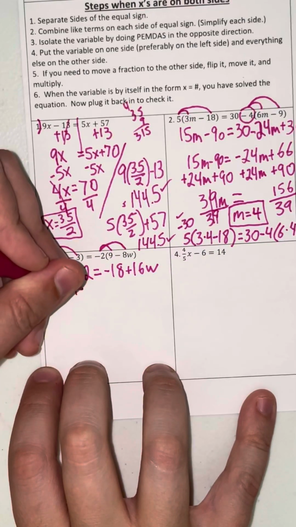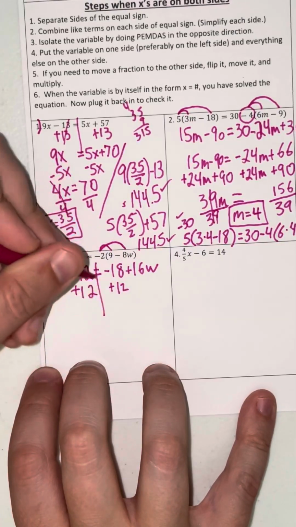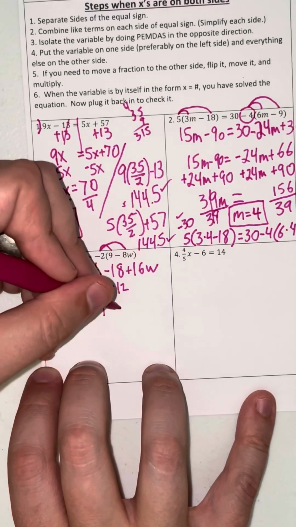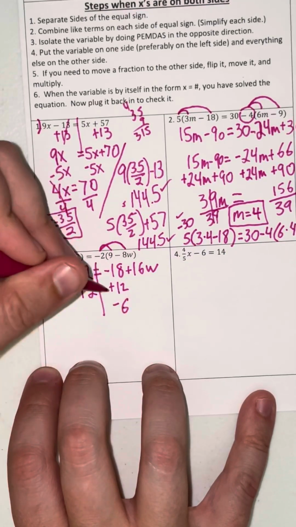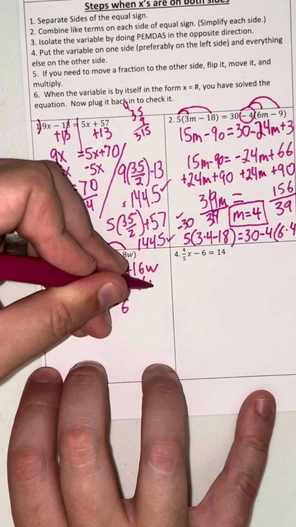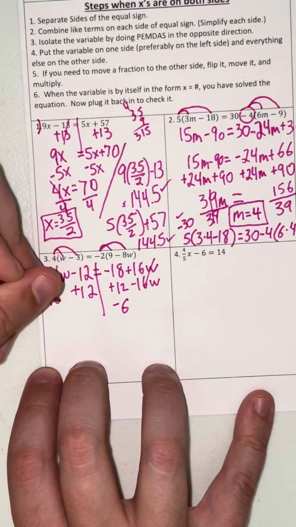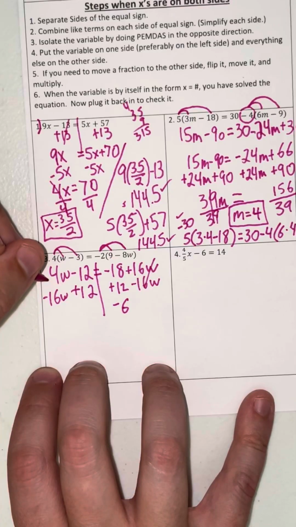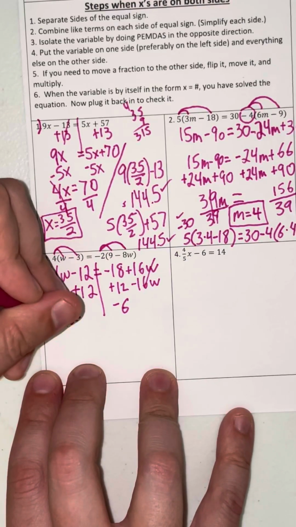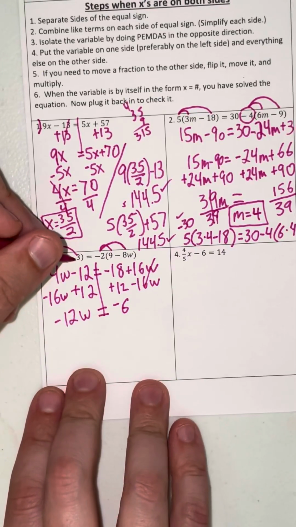So that would mean adding 12 to both sides to get a negative 6. And then I could also subtract 16W to cancel those out to give me a negative 12W. So negative 12W equals negative 6.